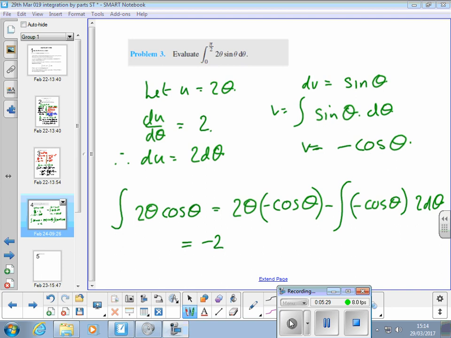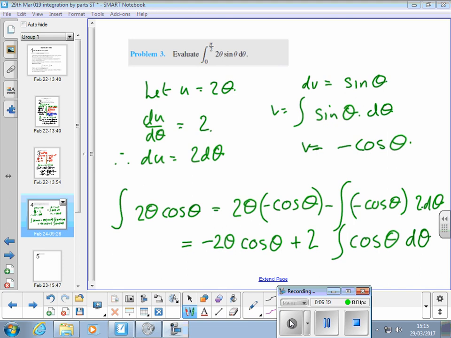Equal to minus 2 theta cos theta, and we've got a negative sign there, so 2 negative signs and a 2, so we've got a minus minus 2, so it must become plus 2 times the integral of cos theta d theta.